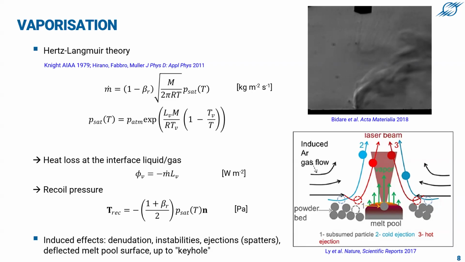So that is a source of instabilities, of defects. Okay, but definitely, regarding the shape of the melt pool and the porosities aspect that we have seen, formation of the keyhole, that's the main effect of vaporization.